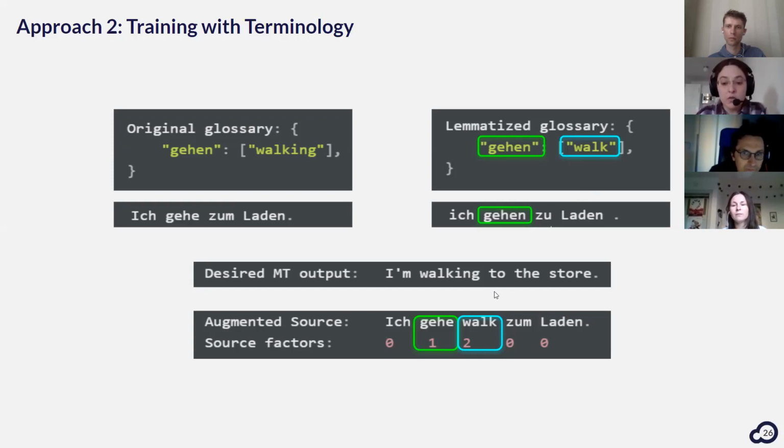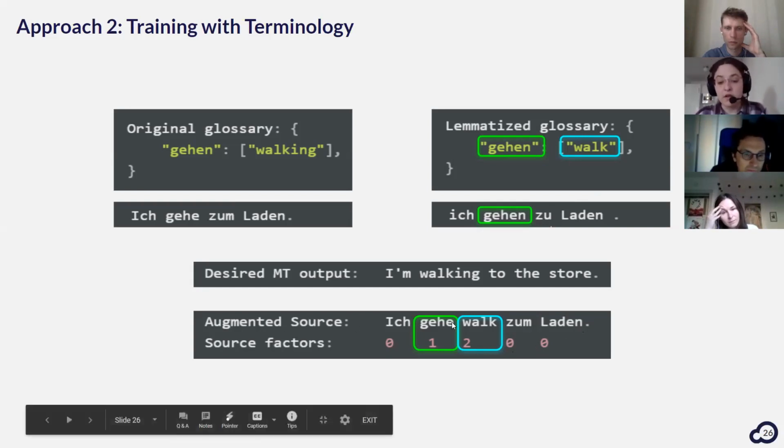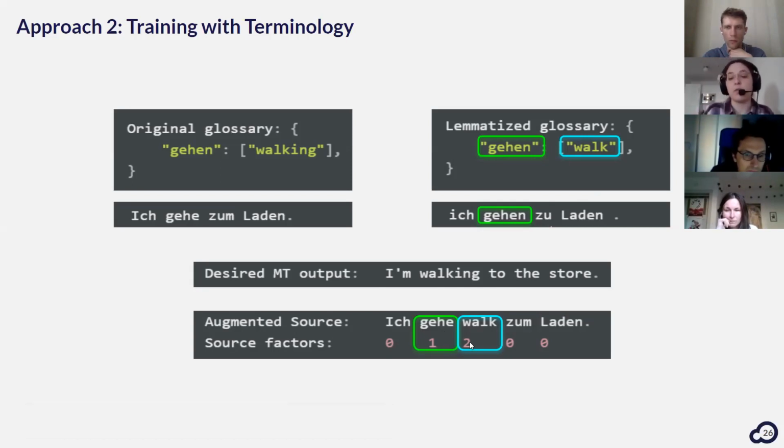So what we're going to do is insert walk immediately after its source counterpart in the source sentence. So we have ich gehe walk zum Laden. Additionally, we're going to provide the model with a second input signal, which is called the source factors. In the source factors, we have a 0 wherever we have a normal word, a 1 where we have the source glossary term, and a 2 where we have the target glossary term insertion.